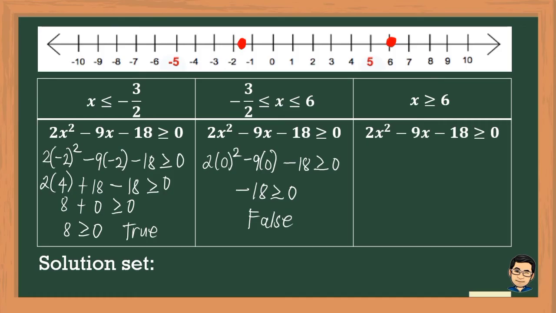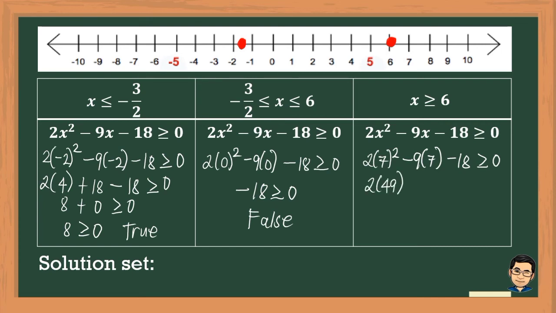Next, x is greater than or equal to 6. So, kukunin natin yung kasunod ng 6 na mas mataas, which is 7. So, magiging 2 times 7 squared minus 9 times 7 minus 18 is greater than or equal to 0. And then 2 times 7 squared, that is 49.